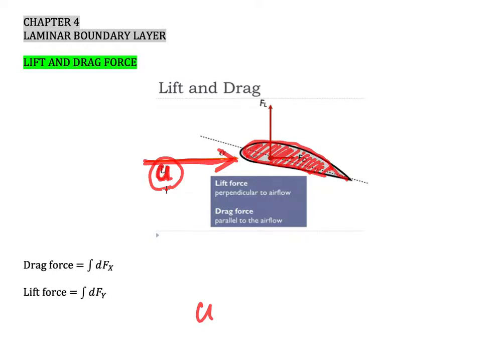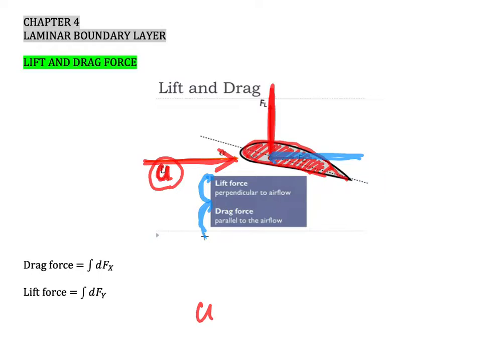It will produce lift force, in the vertical direction here, and it will create drag force in the horizontal direction there. In simple terms, lift force is perpendicular to the airflow, and drag force is a force that acts parallel to the airflow.